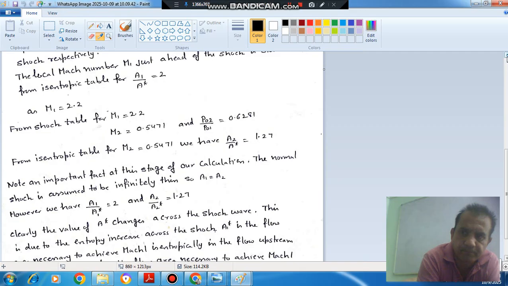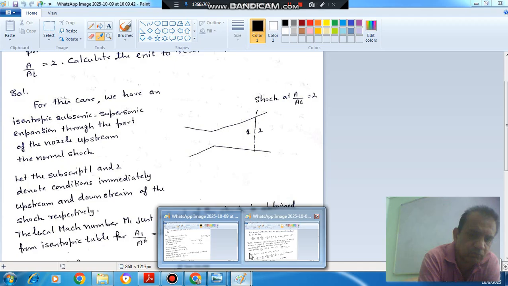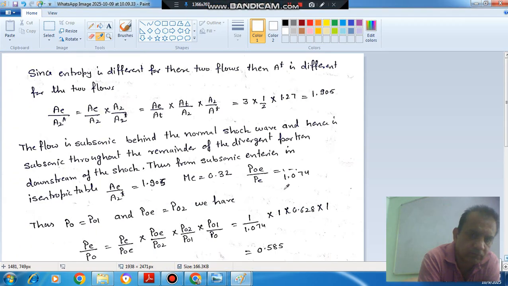So here, after 2 up to exit or anywhere, until the process changes from isentropic, it remains the same. So that is your P02 or your P0E, and before the shock the stagnation pressure is the same for all this, that is your P01. So now we have P02 by PE, or because P02 is equal to P0E, P02 by PE is 1.074.